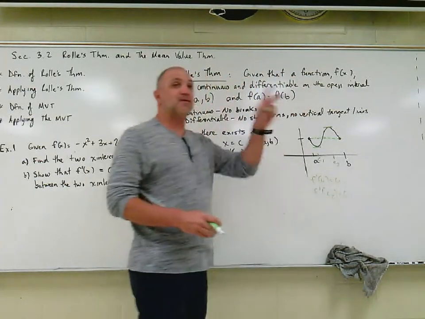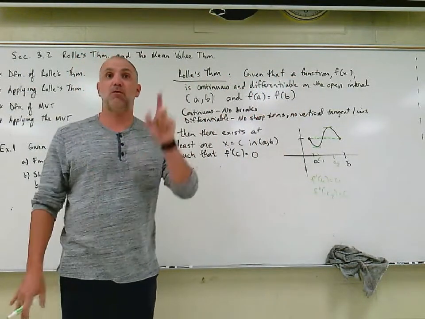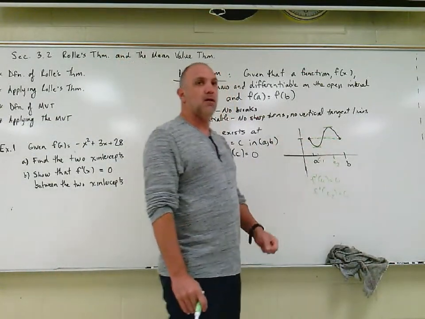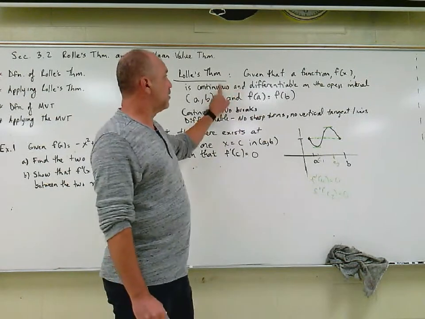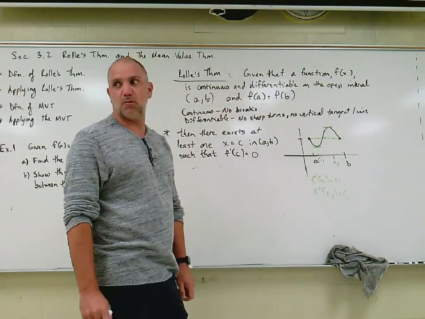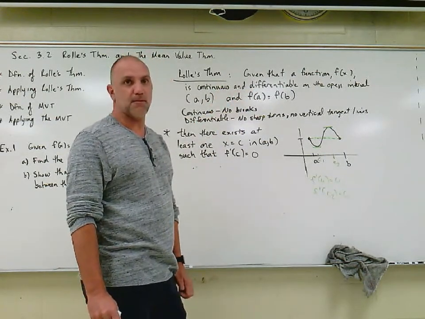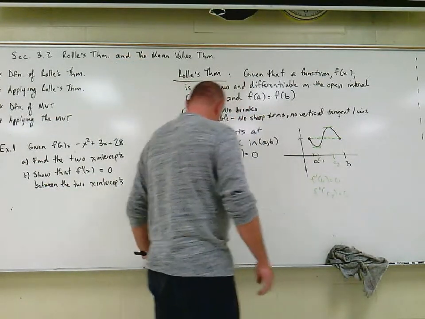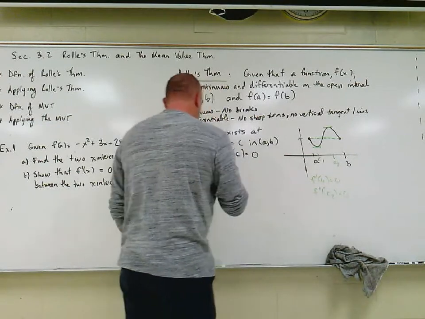And it is guaranteed that you will have at least one spot. It is impossible to go from here to here at the same height, following these two conditions, and not get a slope of 0. It cannot happen. Okay? So I'll draw another picture.